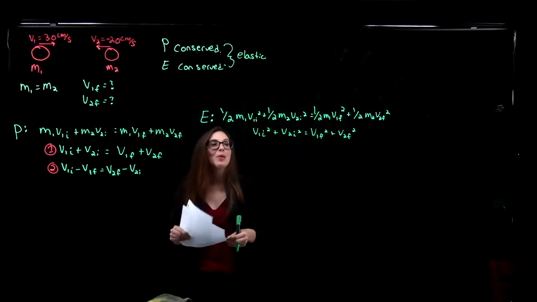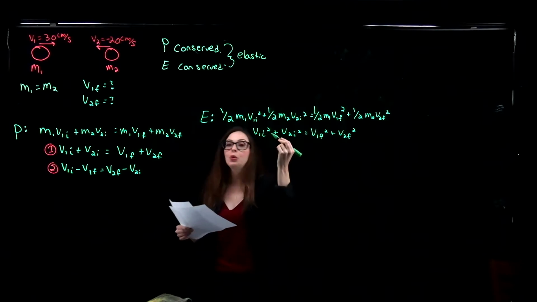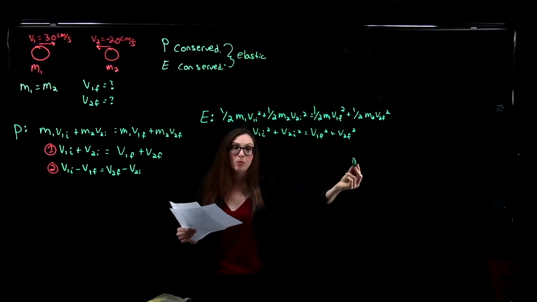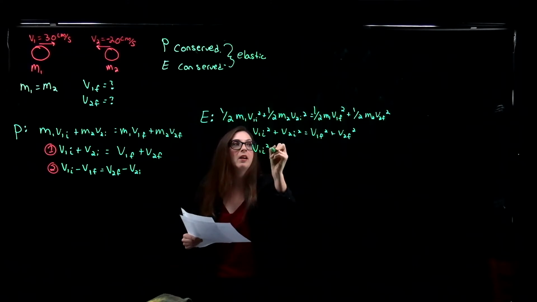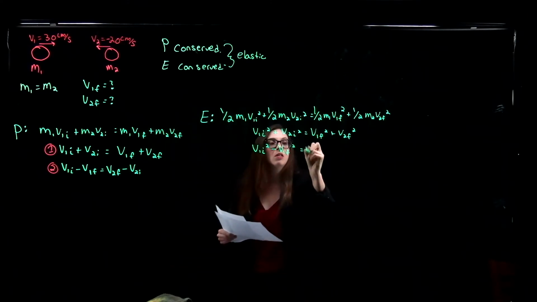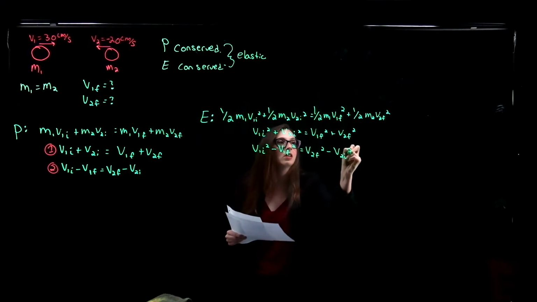I'm going to move, again, all of our quantities that deal with mass 1 to the left-hand side, all the quantities that deal with mass 2 to the right-hand side. So I'll have V1 initial squared minus V1 final squared equals V2 final squared minus V2 initial squared.